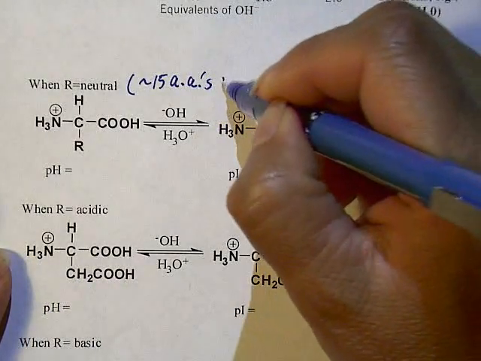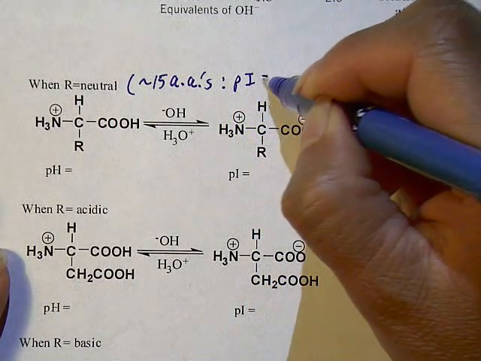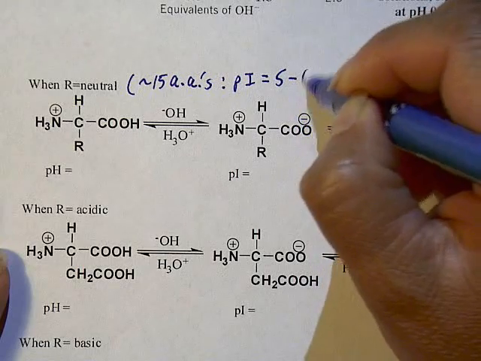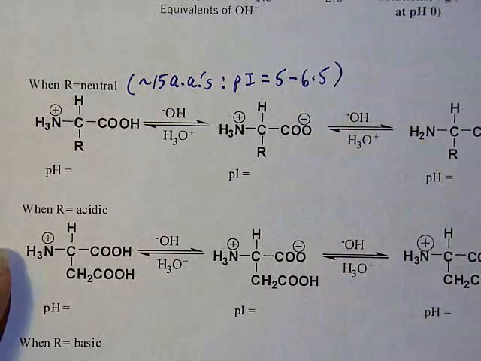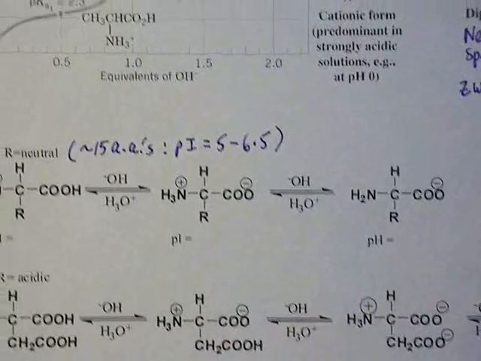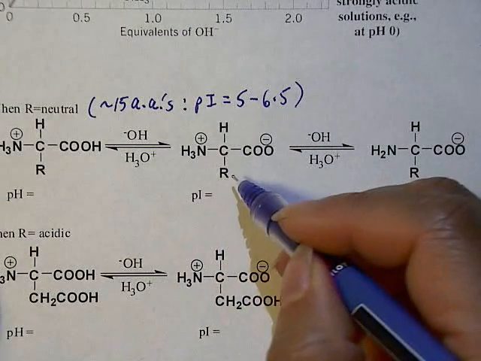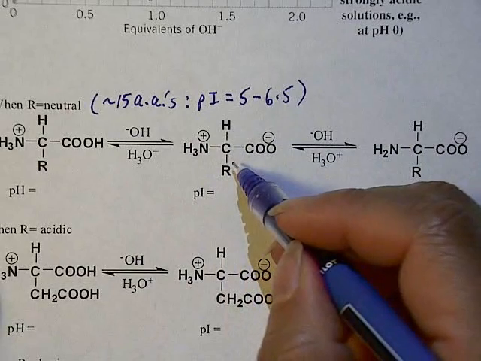And if you look at the pI values for these two groups, they don't really change that much. It's between 5 to 6.5. All right. And by and large, it will be in the form that we discussed up here. So it's a simple scenario where whatever pI you have, you're going to have a neutral species.